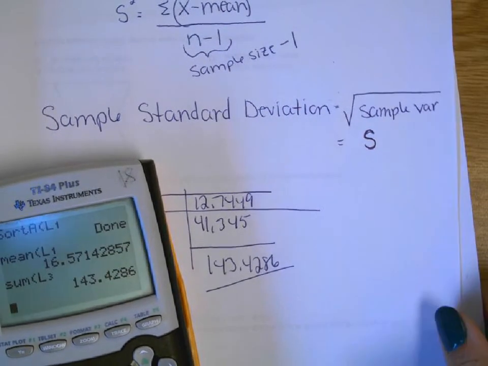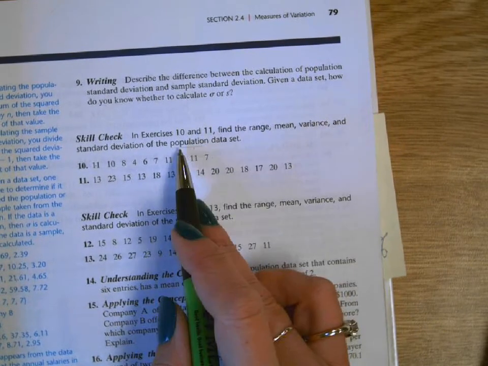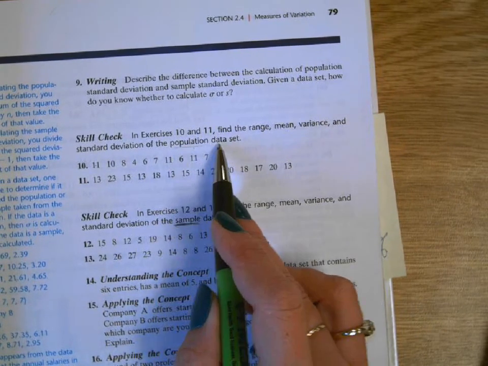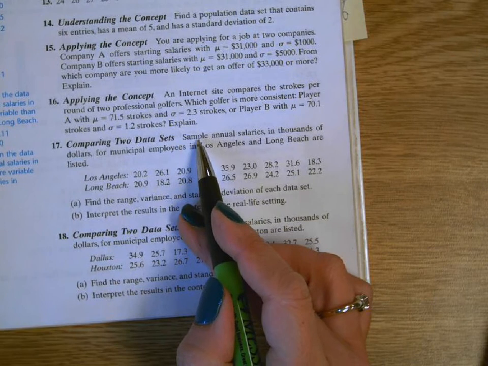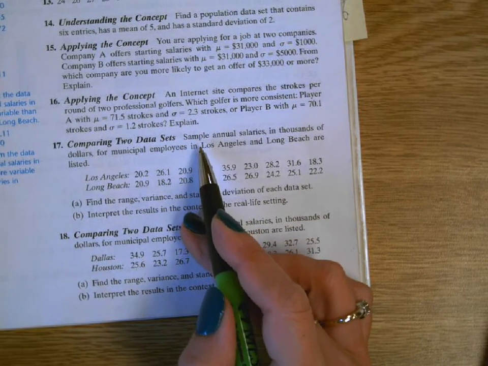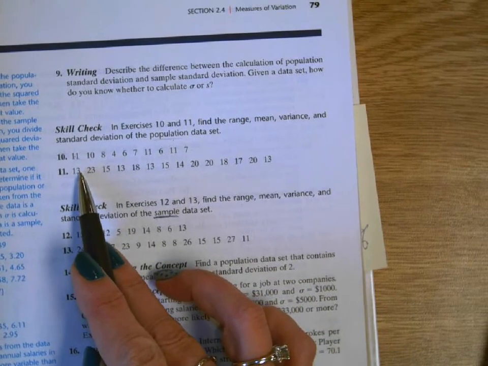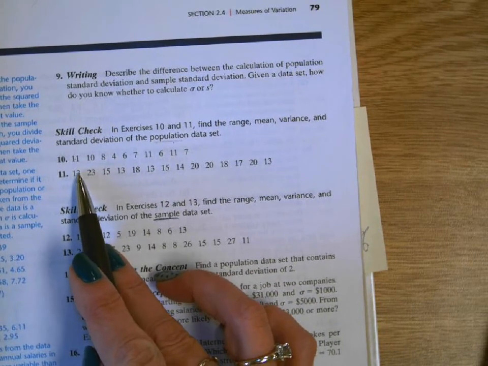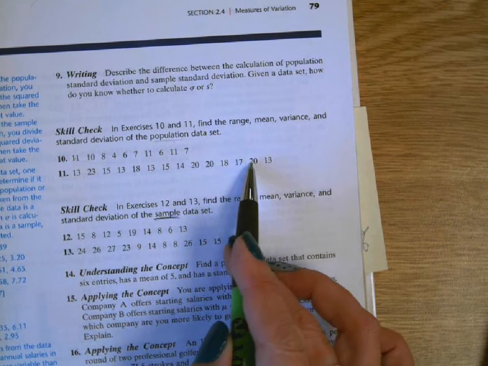I got to know whether this is a population or a sample. The problem has to tell you what you're working with. If I look back at the directions, this was a population data set. Where down here, if it's a sample, you know what to do. So you got to look at the problem to see what you have to divide by. Because this is population, I'm going to divide by how many I had. I didn't really count that. 1, 2, 3, 4, 5, 6, 7, 8, 9, 10, 11, 12, 13, 14.